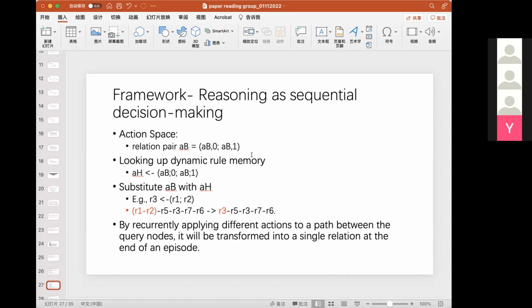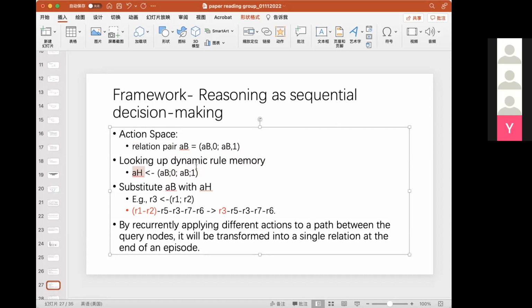Each time, the policy value network will try to decide which relation pair it wants to choose. Once it decides the relation pair to choose, it will look up the dynamic rule memory model. This dynamic rule memory model can be regarded as a lookup table, where the key is the relation pair, which is the rule body, and the value is the rule head.